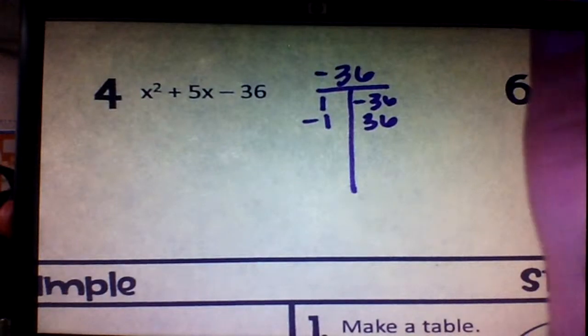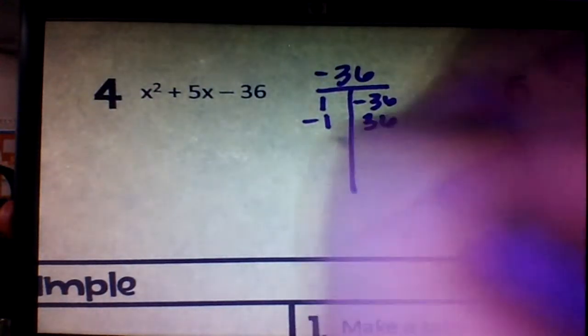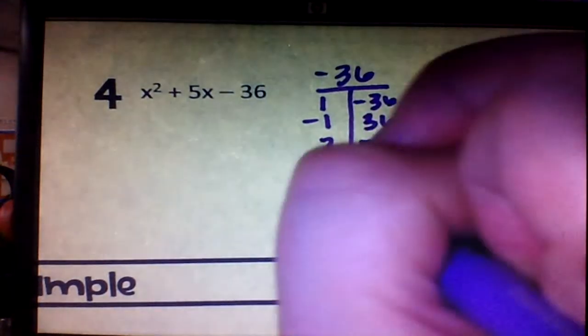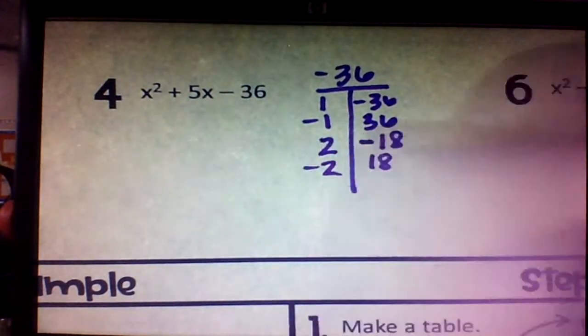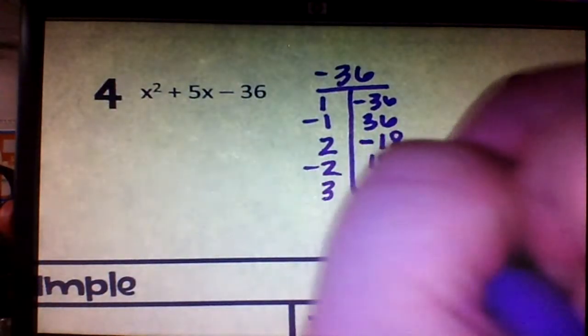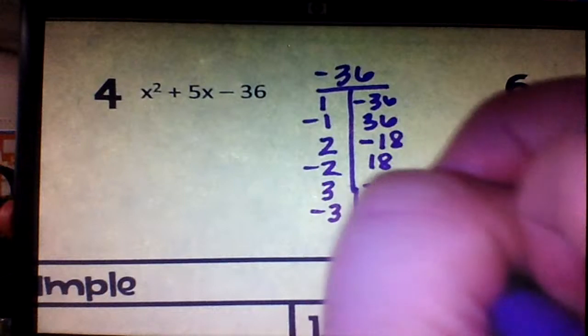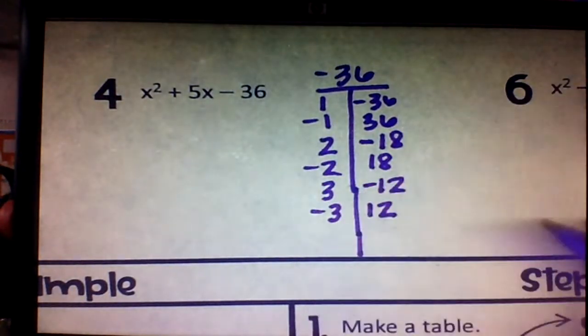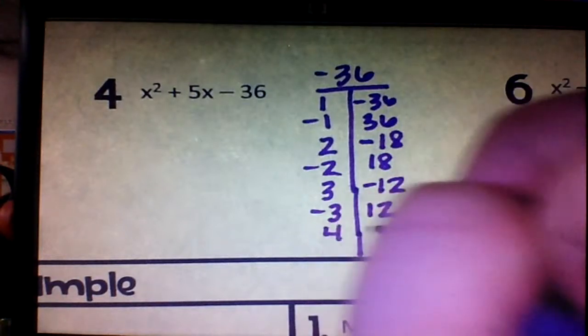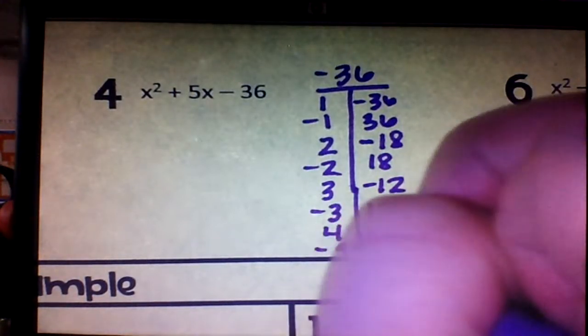I always do my 1s, my 2s, my 3s. So 2 and negative 18 or negative 2 and positive 18. 3 and negative 12 or negative 3 and positive 12. 4 and negative 9 or negative 9 and 4.